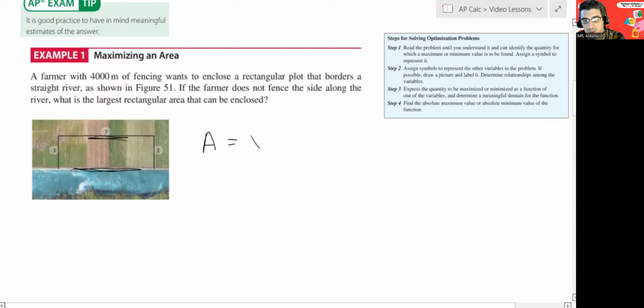So the area is xy. And because there are 400 meters of fence, this gives us another equation that we can use, where 2x plus y should equal 400 because there's 400 meters of fence in this situation.